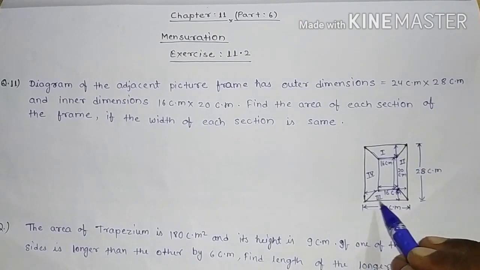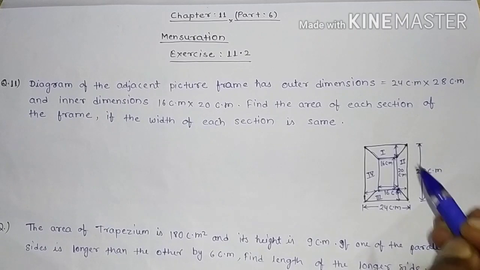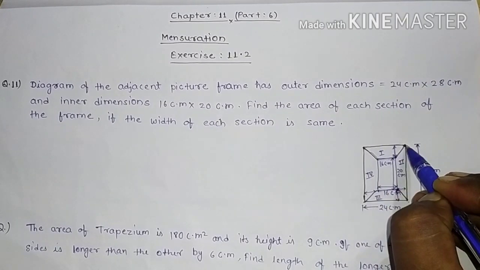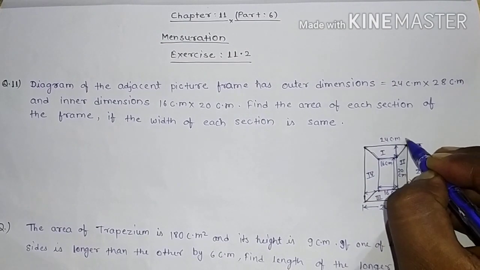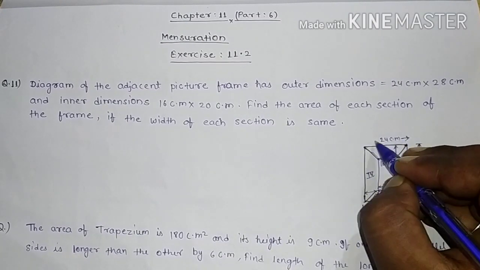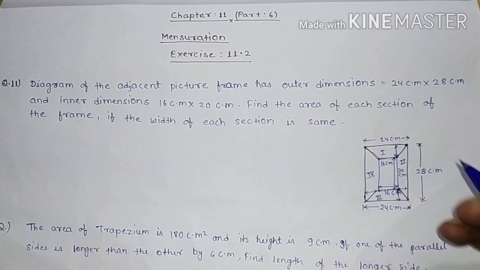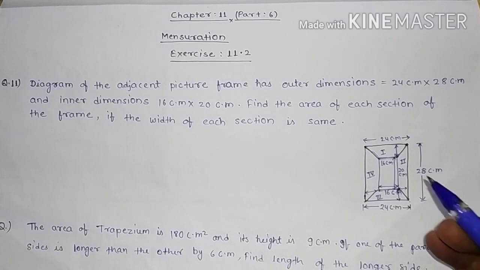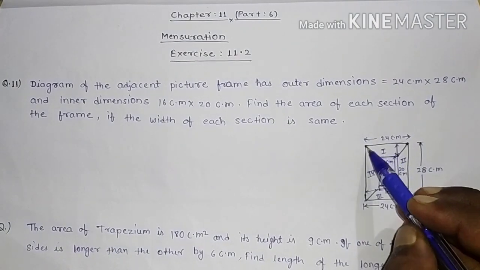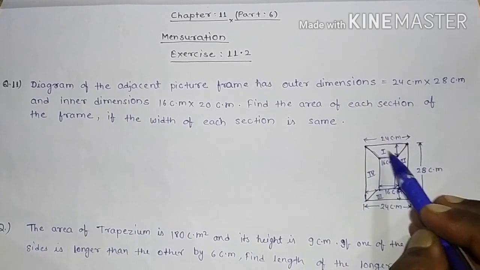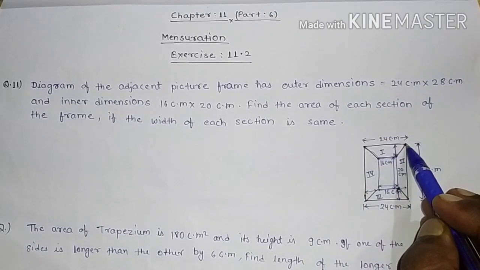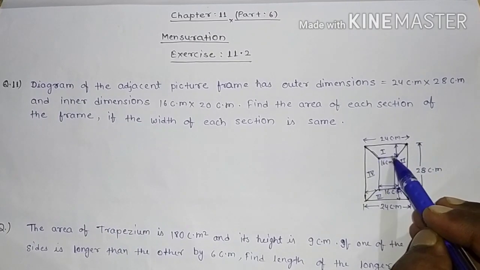Now this is 24 centimeter, so this will also be 24 centimeter. Now for section first, the lengths of the parallel sides will be 16 centimeter and 24 centimeter. This is in the shape of a trapezium.